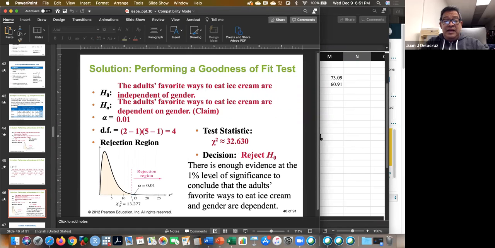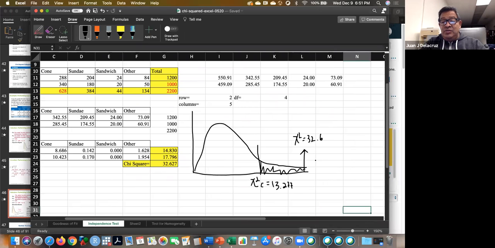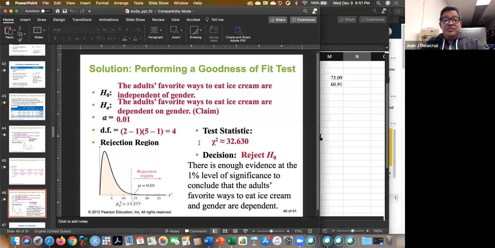Our chi-square statistic, as we mentioned here, is 32. My critical value is 13. So that number falls inside of the rejection region. So I reject H naught. There is enough evidence at the 1% level of significance to conclude that adults' favorite way to eat ice cream and gender are dependent.